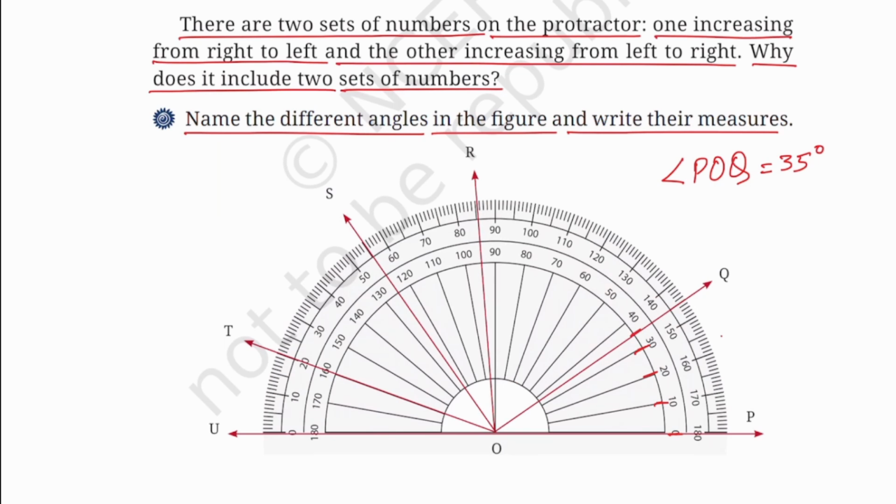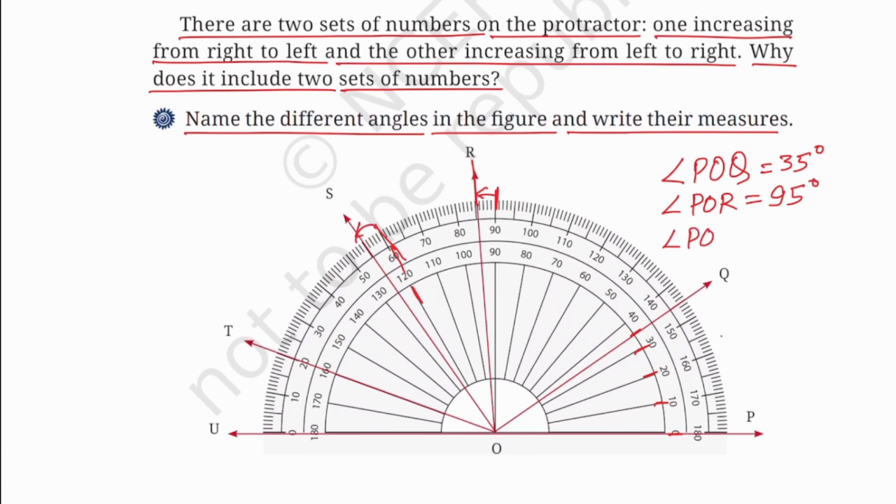Angle POR, that is up to here. You can see 90 here, after that 5. That is angle POR is 95 degree. Similarly, POS, that is greater than 120 degree. 120 degrees here and 5 more than that.